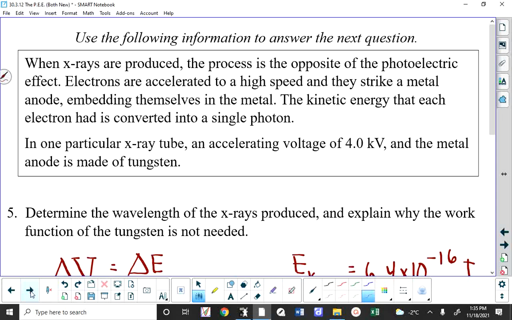I want to tie this back, before we finish this, to what Farhan and I were talking about, intensity and numbers of photons. If you were trying to take an X-ray of something, but the material was very, very dense, then what you would want to do is get photons with more energy, which would mean you'd have to increase the voltage.